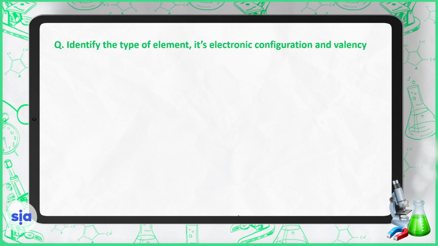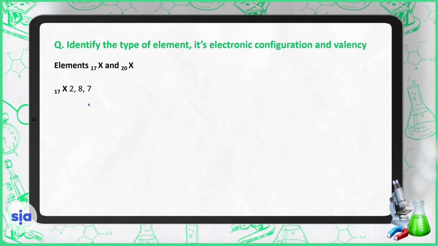Now identify the type of element, its electronic configuration, and valency. What if we have element X with 17 electrons, and another element X with 20 electrons? For the element X with 17 electrons, we said before that the electronic configuration is the key. So we will arrange the electrons 2, 8, 7.